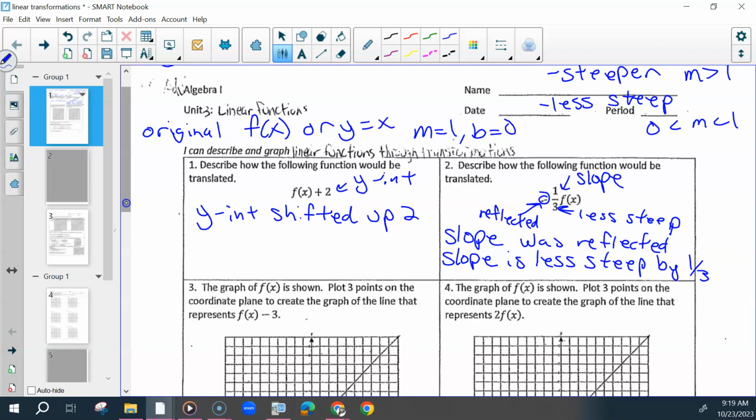This is not on here. But if you had something with negative 1/3 in front and a plus 2 at the end, all of these things would apply. Something would happen to the y-intercept and 2 things would happen to the slope. Right now we're trying to do this without visualizing, but soon we're going to visualize. Questions so far? Did you say it's like together, like slope is reflected and it's less steep by 1/3? Yes.